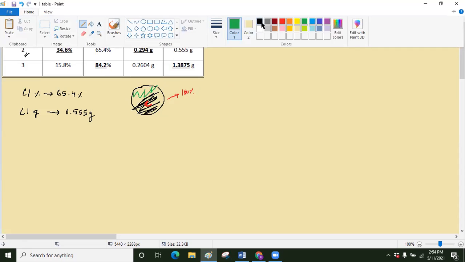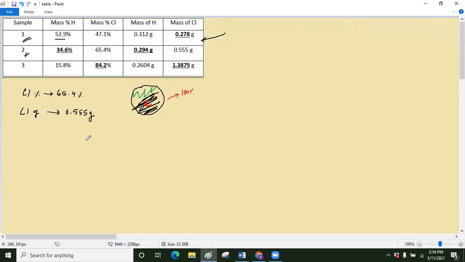So if you were to think about it that way, then it could be easy to think that, okay, if 65.4% is chlorine, then the hydrogen percentage is going to be 100% minus 65.4. Of course, the remainder. And if you were to do this, you would get 34.6%.